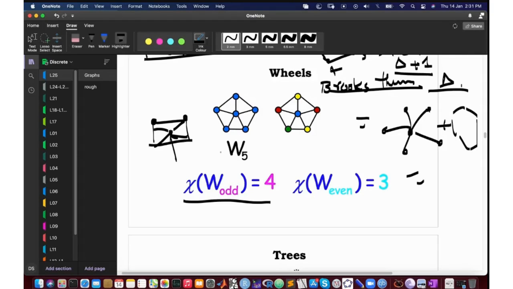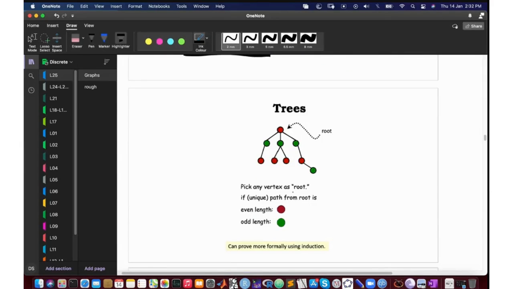So if the outer cycle is of odd length, you need 4 colors: 3 colors for the cycle and the 4th for the central vertex. If it's even, 3 colors are enough, and 3 colors are needed as well. You can't do less than 3. You need exactly 3.